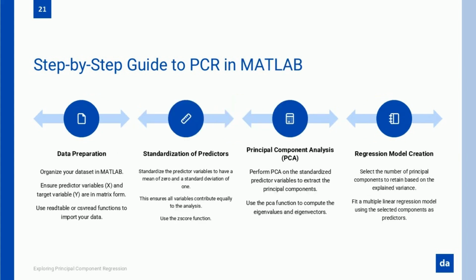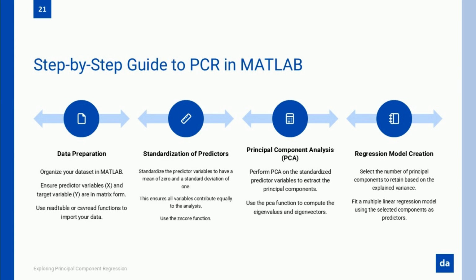Applying Principal Component Regression, PCR, in MATLAB provides a structured approach to handling high-dimensional datasets, particularly in engineering, finance, and environmental sciences. MATLAB's built-in functions for principal component analysis, PCA, and multiple linear regression, MLR, allow for an efficient implementation of PCR, ensuring stability in regression coefficients while reducing multicollinearity.